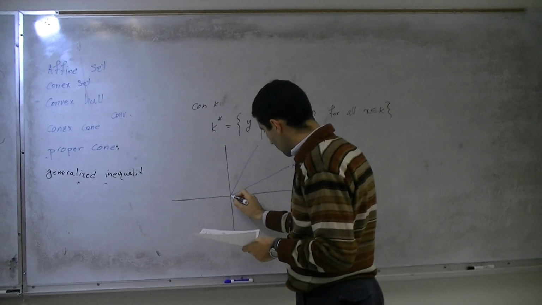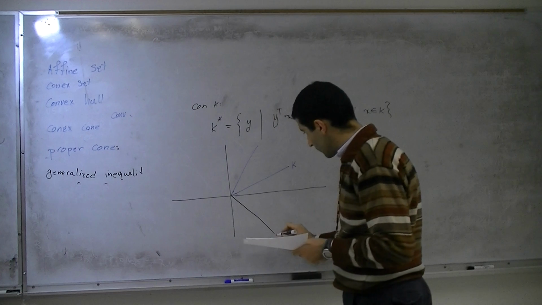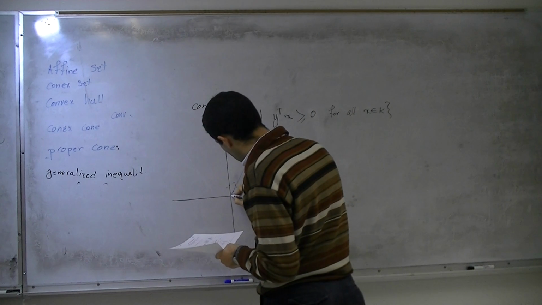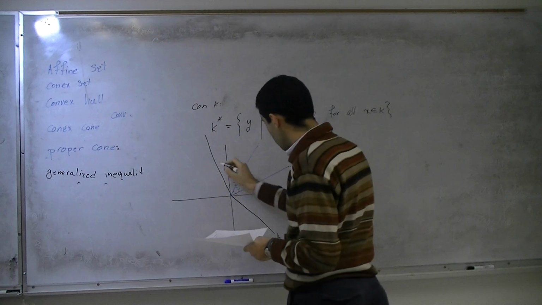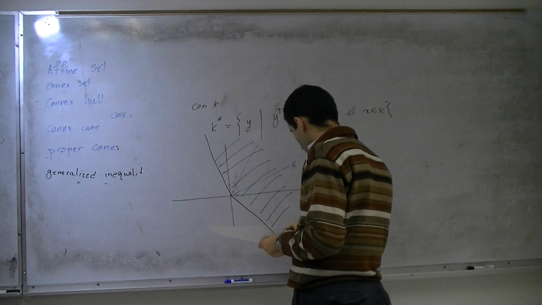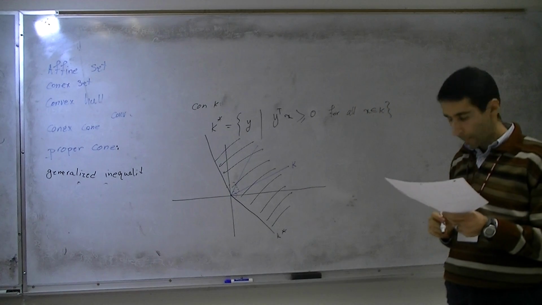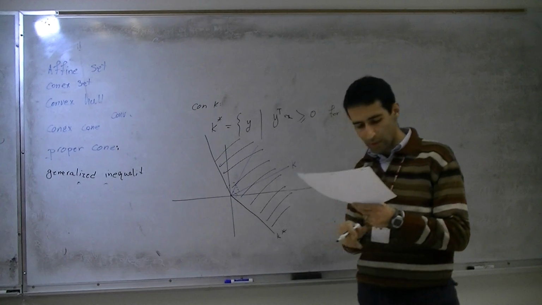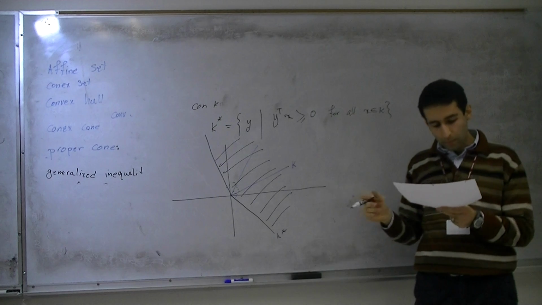It means if I consider a right angle here, this one is the dual cone of K, because all points here satisfy this condition. And there are some examples.